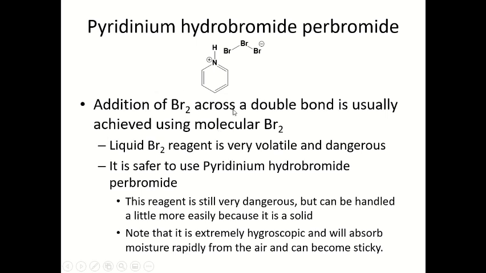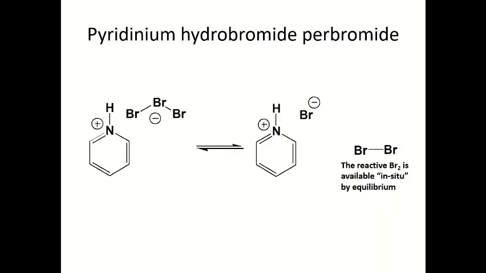It is still very dangerous, but it's a solid, it is not volatile, so you can more easily handle and control it, in order to prevent any type of intoxication or toxicity consequence.